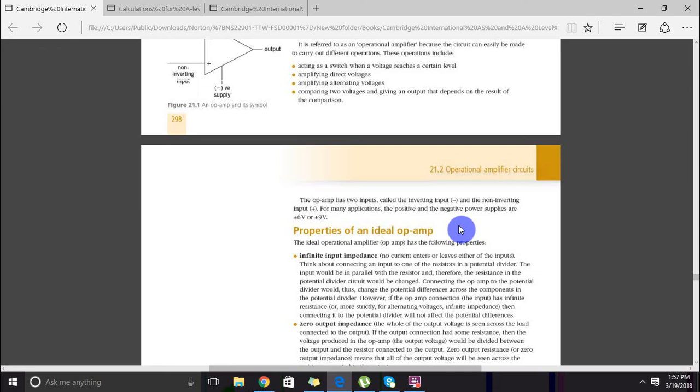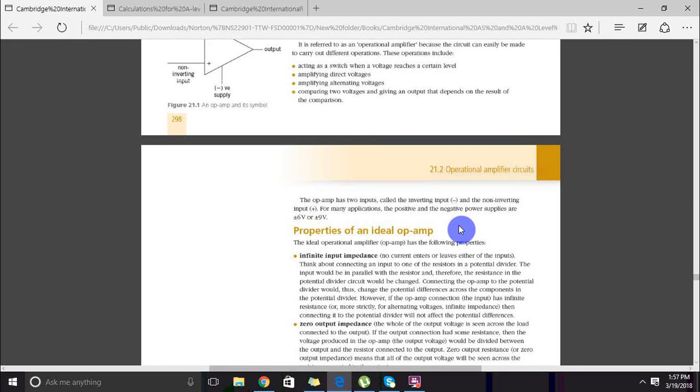Obviously the total PD would be the same, but the distribution of the voltages would be different, because the input in parallel would be changing the resistance. So if you connect the op amp to the potential divider, the potential difference across the components would change.